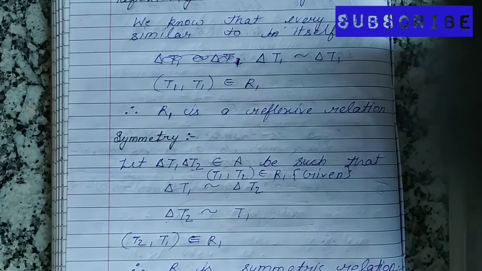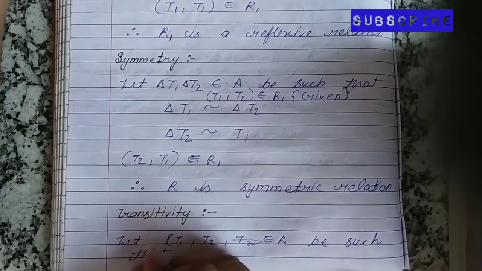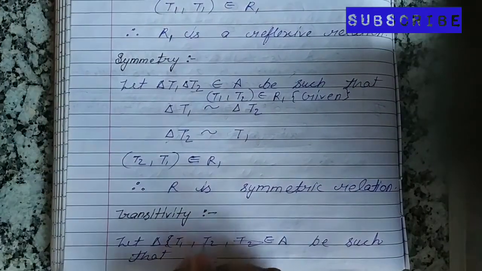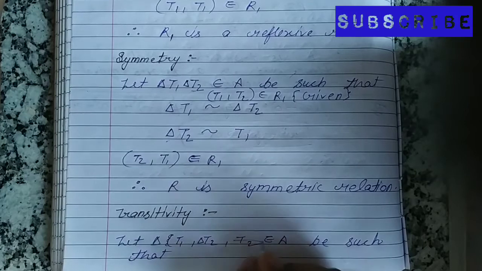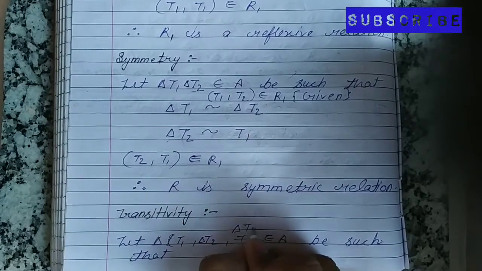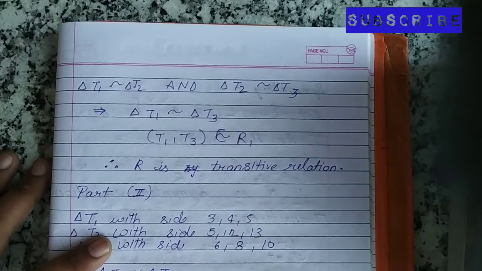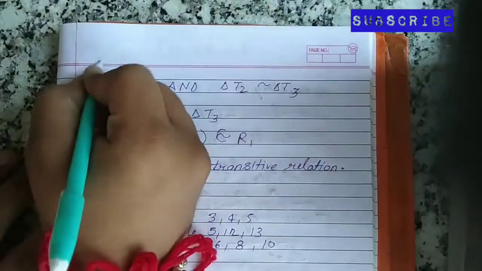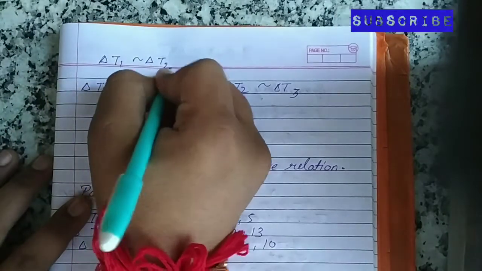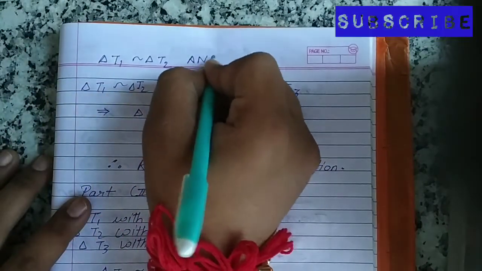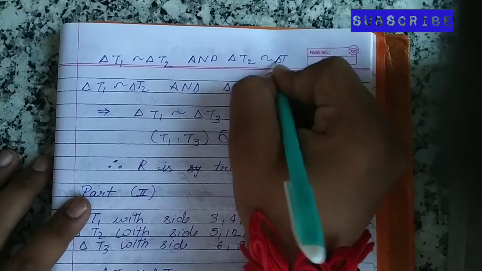Now it's time to prove transitivity. Okay guys, so we are considering, let triangle T1, triangle T2 and triangle T3 belong to capital A, such that triangle T1 is similar to triangle T2 and triangle T2 is similar to triangle T3.